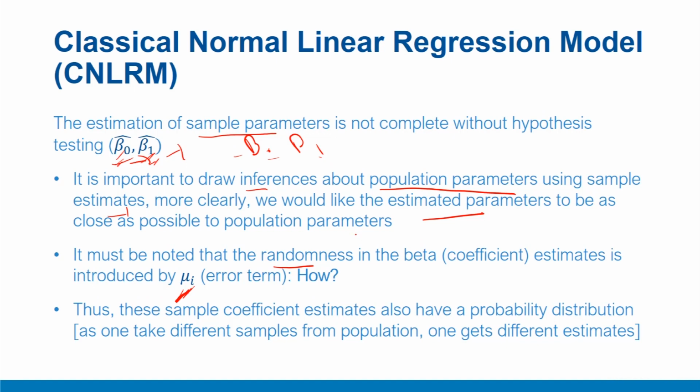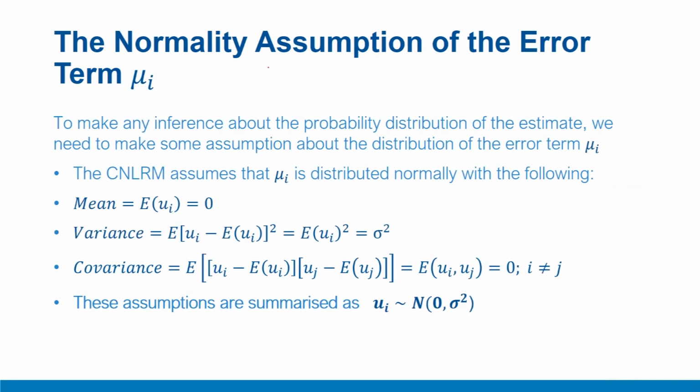Please note, because this randomness is introduced by the error term, the sample coefficient estimates, beta naught hat and beta 1 hat, will also have a probability distribution, and this probability distribution will be similar to that of the error term because the randomness is introduced by the error term itself. Therefore, if you want to make any inference about beta naught hat and beta 1 hat, you need to know their distribution, which is essentially the distribution of the error term itself, because this is the one causing randomness in beta naught hat and beta 1 hat.